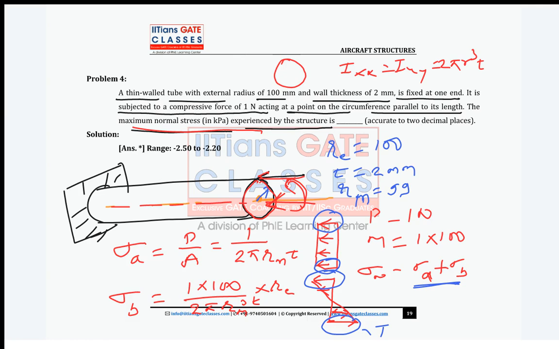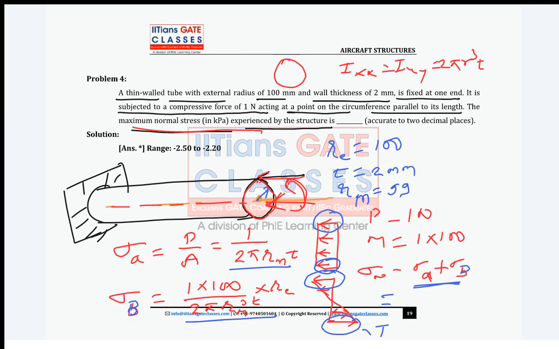You guys can find out, guys. Sigma axial top and sigma bending also top. Now everything is known.